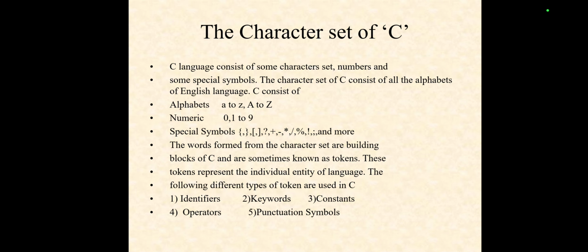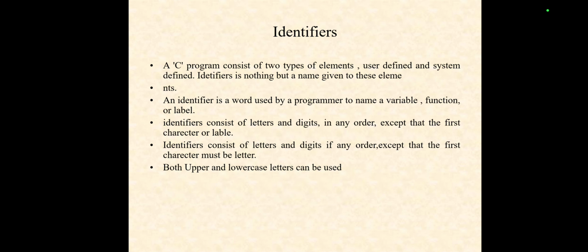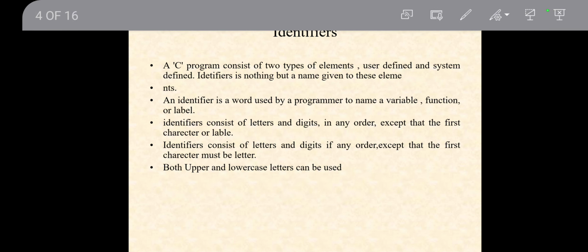So these 10 numbers, 0 to 9, are allowed in the character set of C. There are also some special symbols allowed in the character set of C, that is opening and closing parenthesis, square bracket, opening bracket, commas, question mark, plus sign, minus sign, asterisk sign, modulo sign, exclamation mark, etc. Such types of symbols are included in this language.